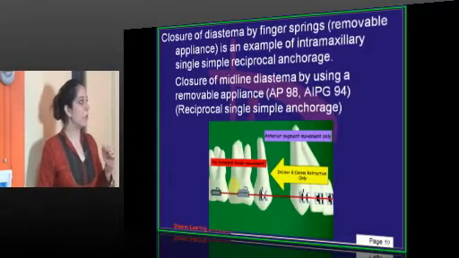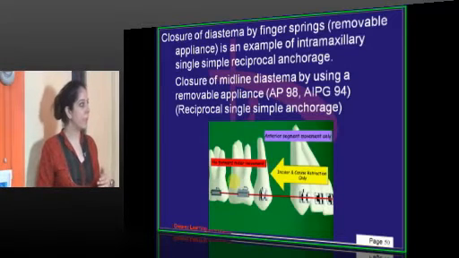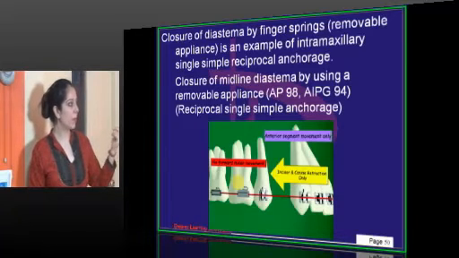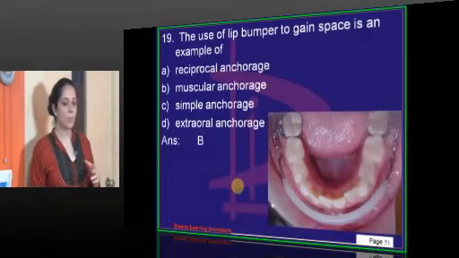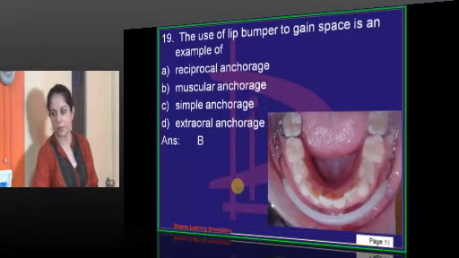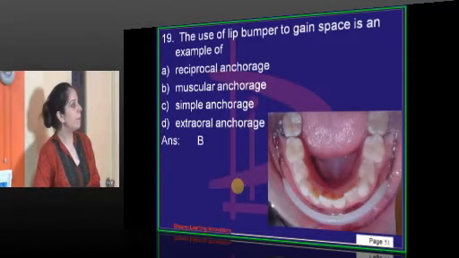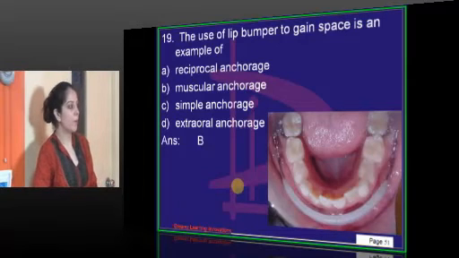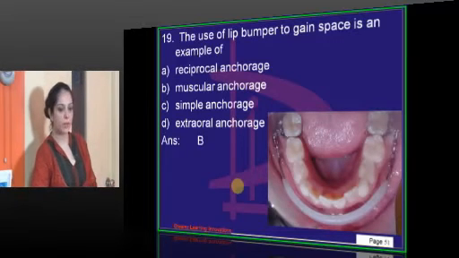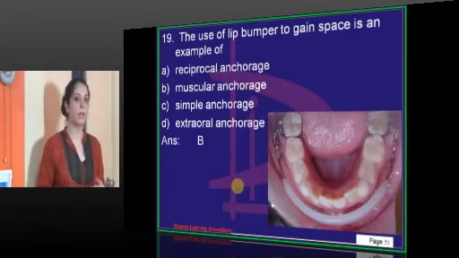When you take closure of diastema by a finger spring, it is an example of an intramaxillary single simple reciprocal anchorage when you do it by a removable appliance like that. So depending upon the type of appliance that is used, whether it is fixed or removable, it can be different. The use of lip bumper to gain space is an example of a muscular anchorage, because when the forces of the muscle are transmitted through the lip bumper, it pushes the molars distally, and therefore that is a method of gaining space.